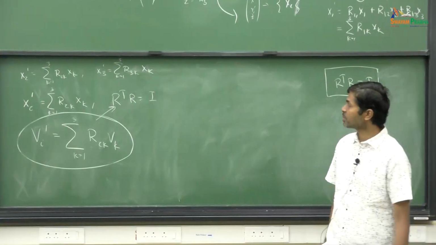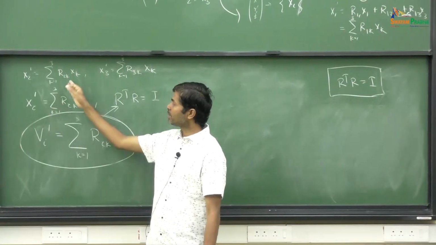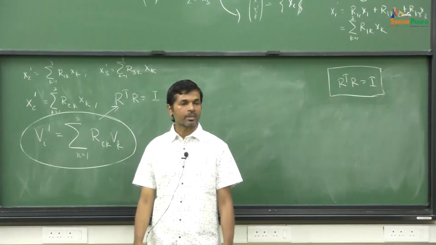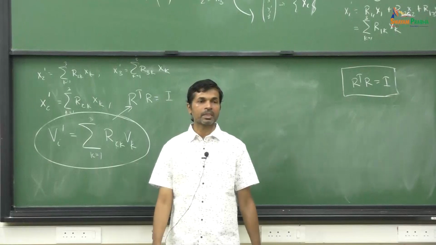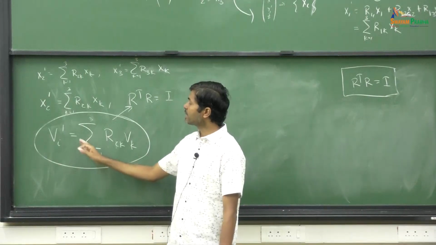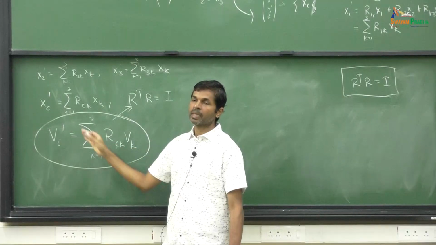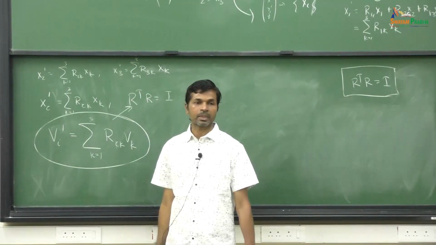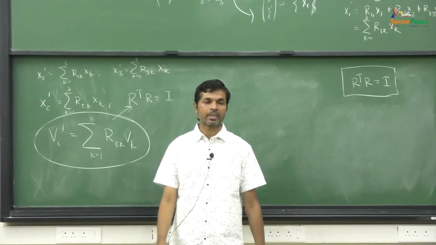Now what is the use? I started with the position vector, and I said that if I perform a rotation, this is how it changes. Then I claimed that if you consider any arbitrary vector and make a rotation, this is how it transforms. This is also something simple to check.